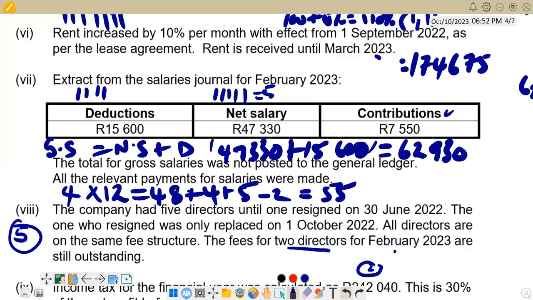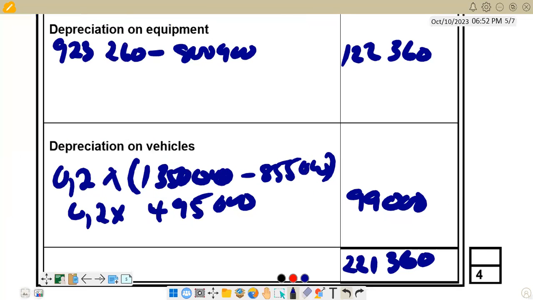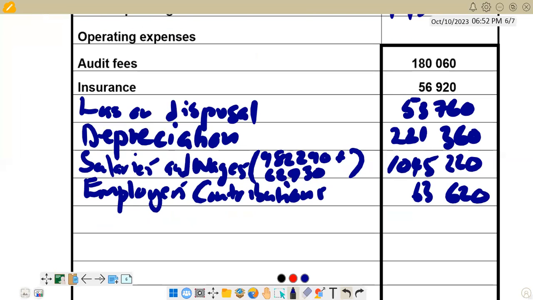So we go to the answer book. So we say director's fees here. So we just summarize the working that we have there. For director's fees, we are going to say 1,925,000.